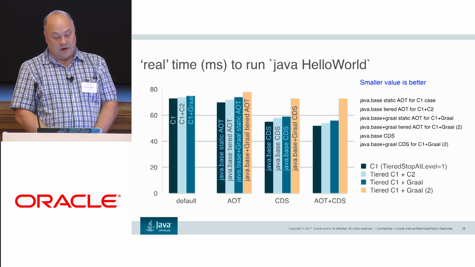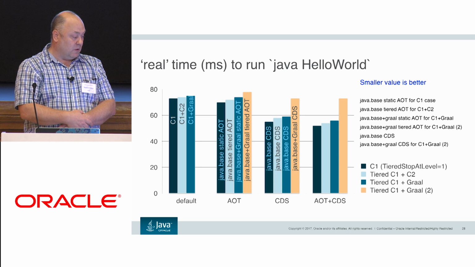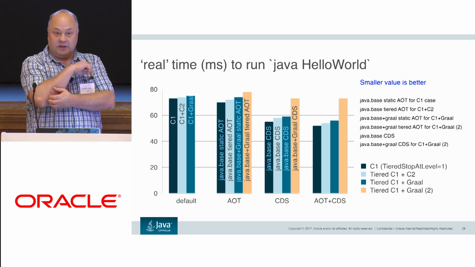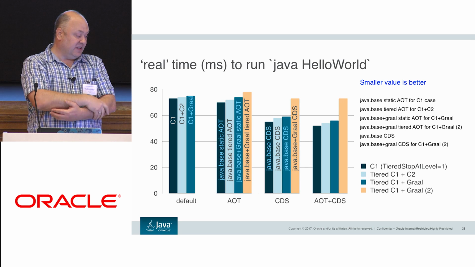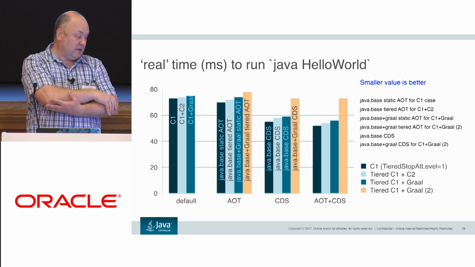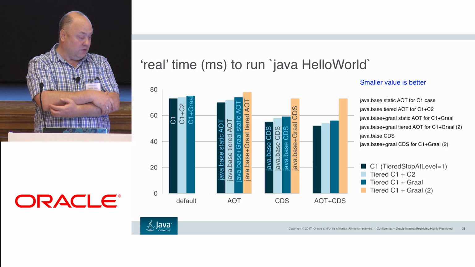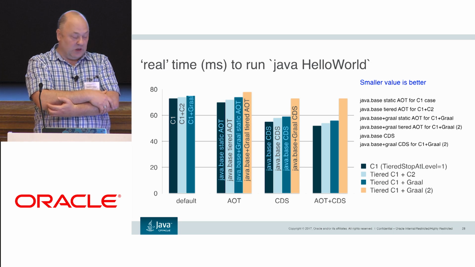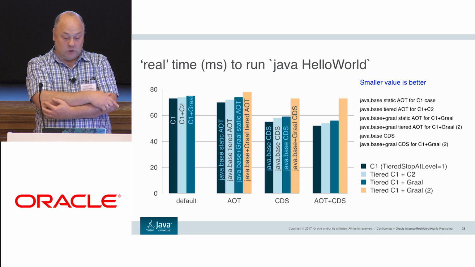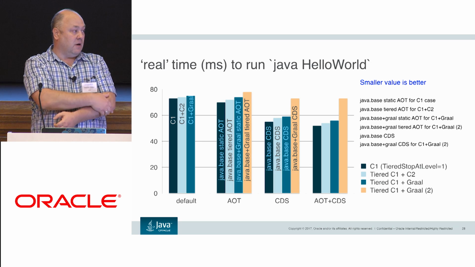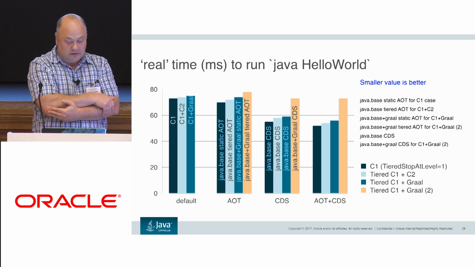The second set is about the AOT set. For the C1 case, static AOT is used, so no profiling. For C1 plus C2 it was tiered AOT, and for C1 plus Graal, both cases are used. The third and fourth columns in this set show that tiered AOT has a penalty of about 10% because you have to profile.